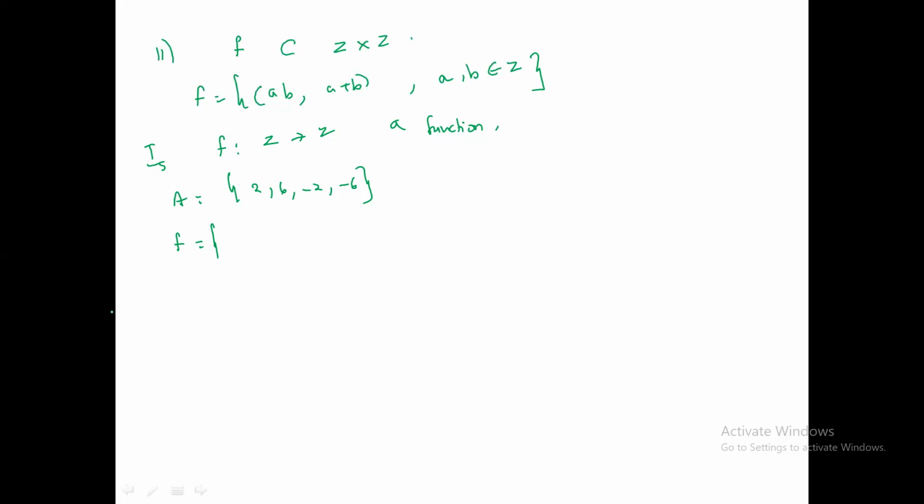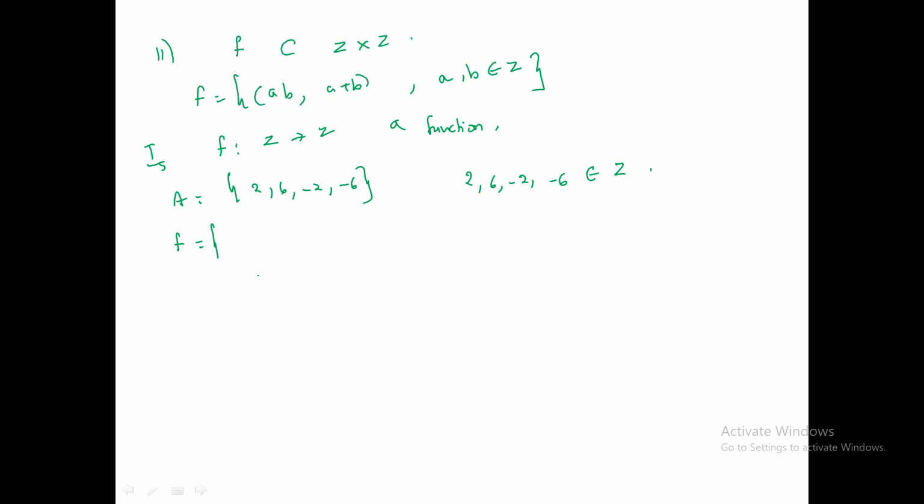We are writing the function from A to B, right? To be a function, every element should have a unique image. So in A, we are taking 2, 6, minus 2 and minus 6. All these belong to set Z.